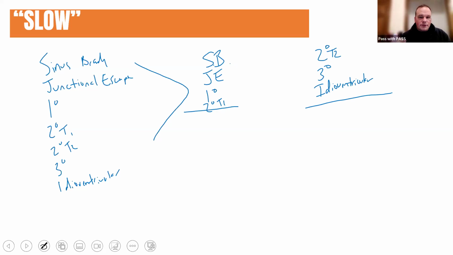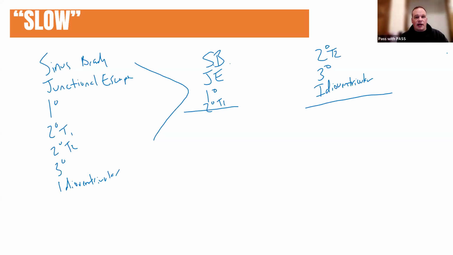So with first degree block, and again, we're going to talk about all the blocks in great detail tonight, remember a first degree heart block is not a heart rhythm in and of itself. It is a facet of a heart rhythm. So we don't say, oh, the patient's in a first degree heart block. We do say that with a Winky block or a second degree type 2 or a third degree, but we don't say it with a first degree block.